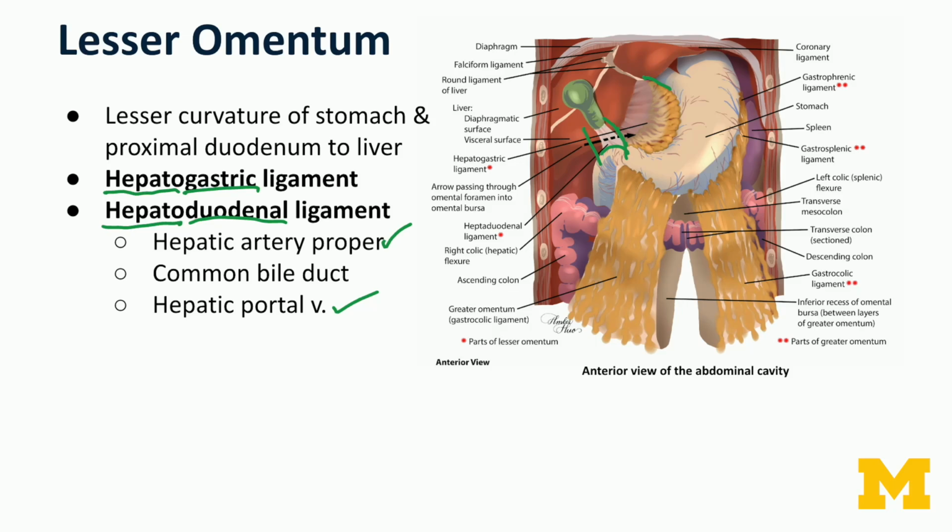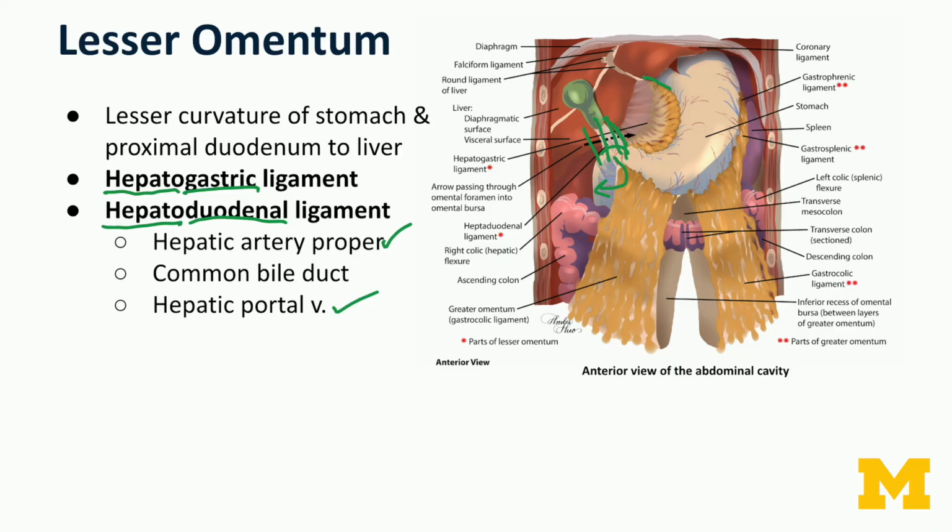So we're sending both arterial and venous blood to the liver. And coming down from the liver and gallbladder, we have the bile duct and its tributaries on its way down to the second part of the duodenum. All complements of that lesser omentum.